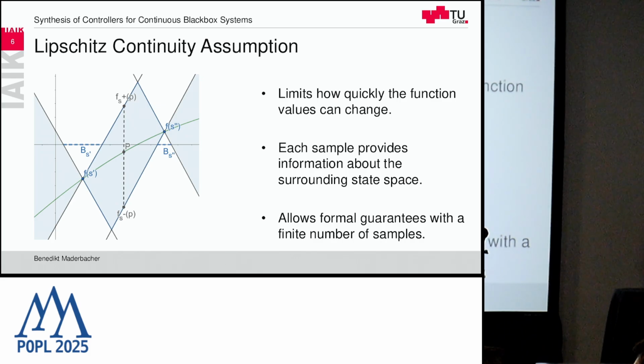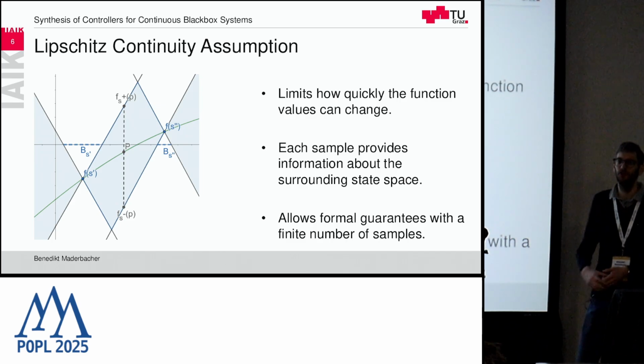And using this in the existing samples, we can, for every point in the state space, get an indication of what is the highest possible value the function could actually be there, and what is the lowest possible value the function could be.